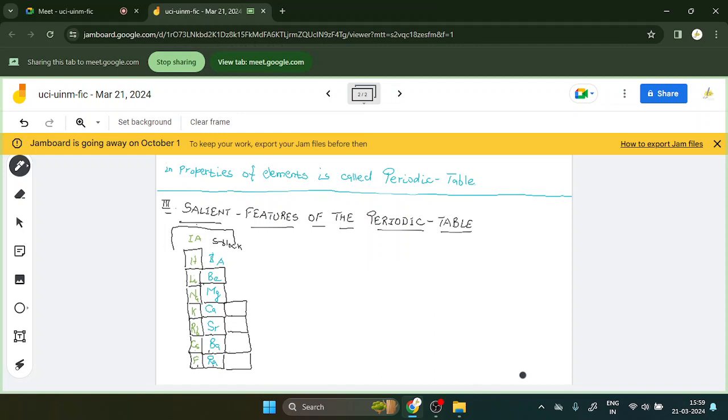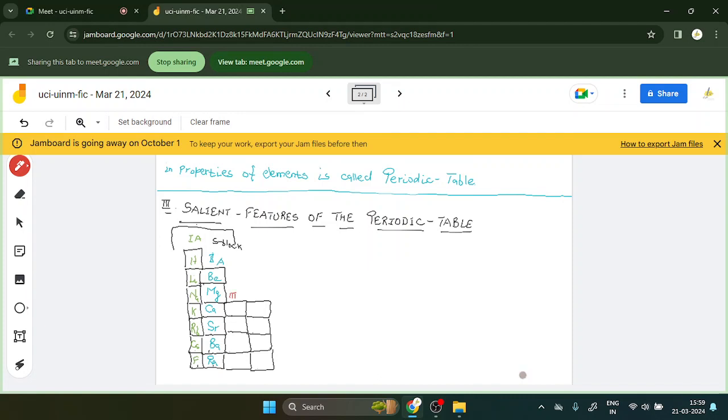Then we have titanium, zirconium, hafnium, and so on.